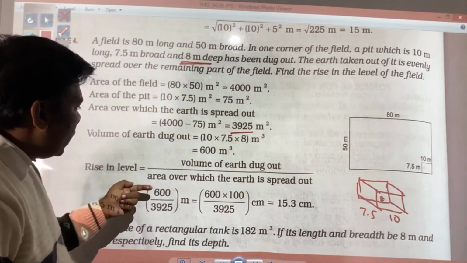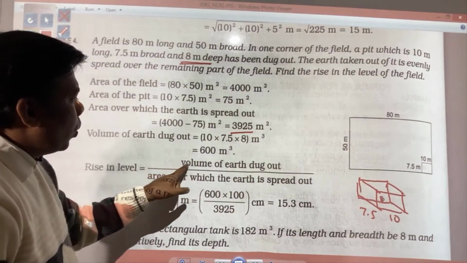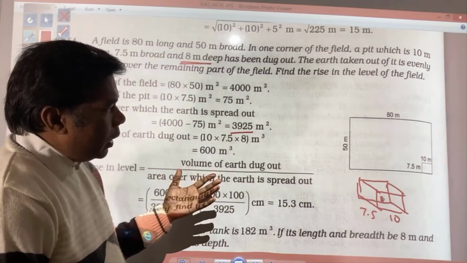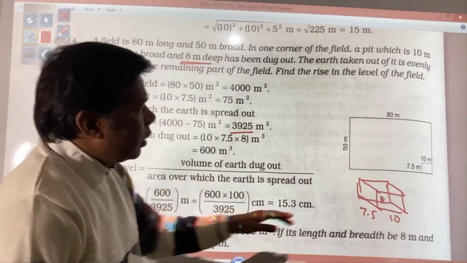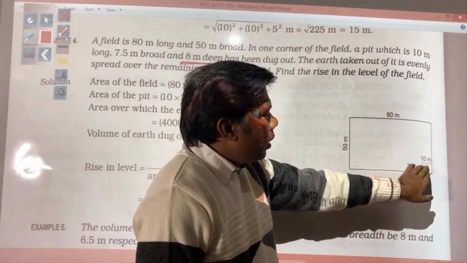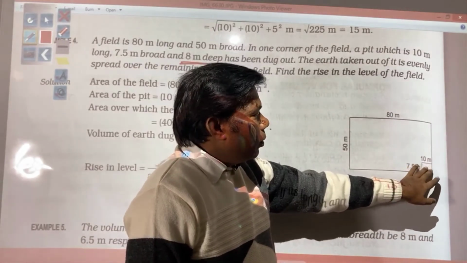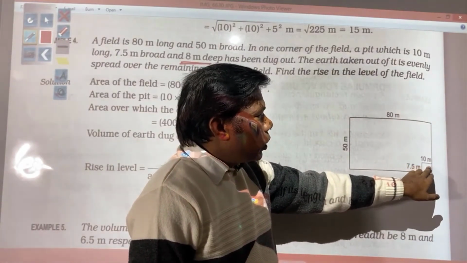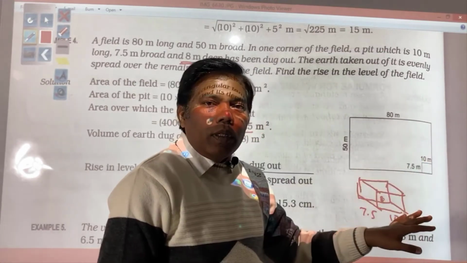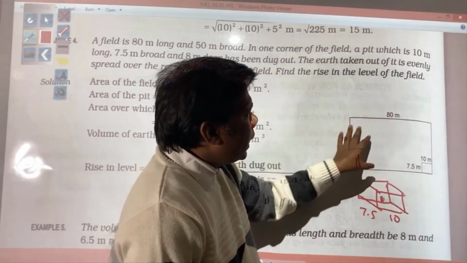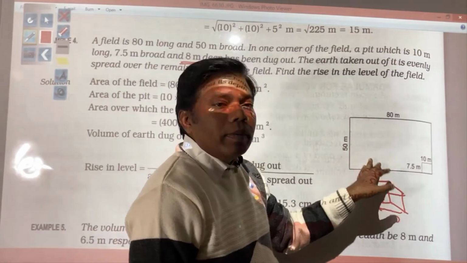So just you see, you will get volume, or just in other way also it could be done. What volume you are taking out after taking out soil will be equal to the volume of this area.